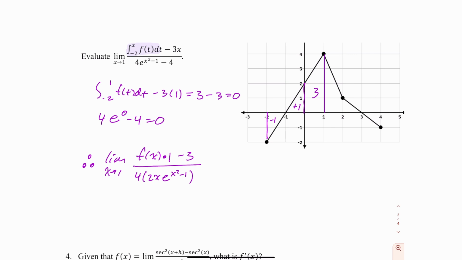So now if we try to plug in, we will get f of 1 minus 3 over 4 times 2e to the 0.